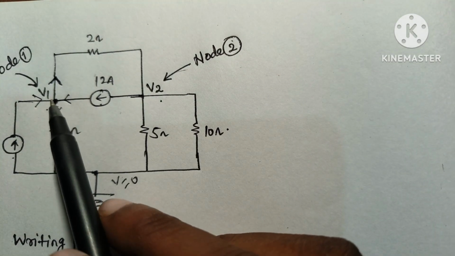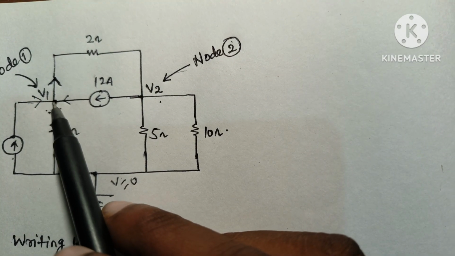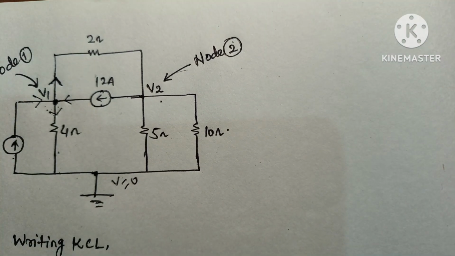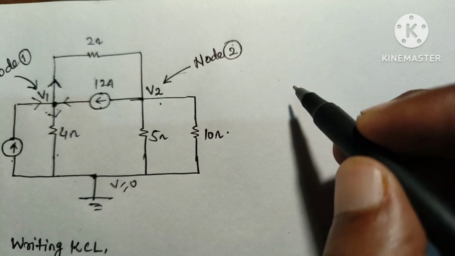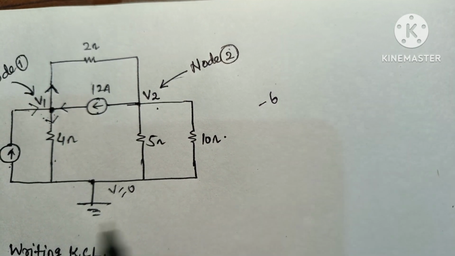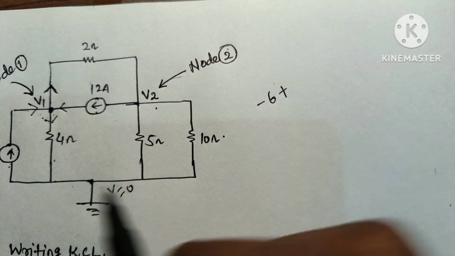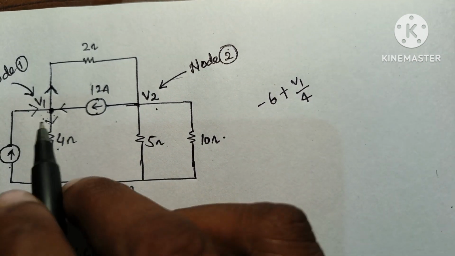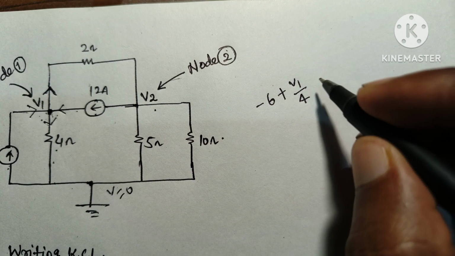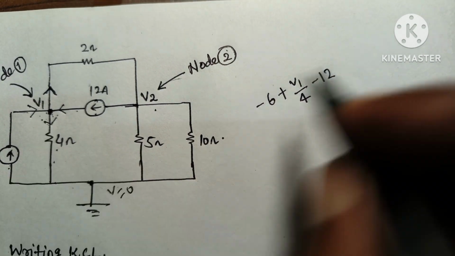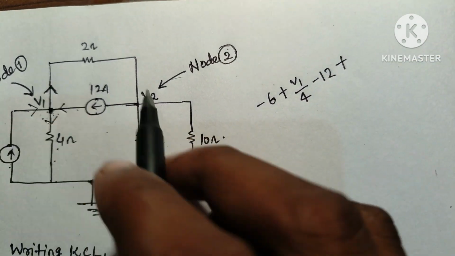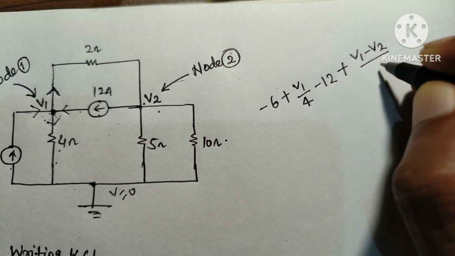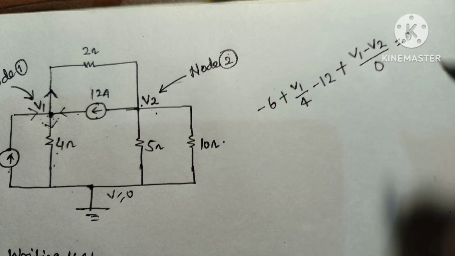So if we apply KCL at node 1, this current of 6 ampere is incoming, so minus 6 ampere. The equation will be minus 6 ampere plus V1 by 4 ampere current minus 12 ampere, plus V1 minus V2 upon 2 ampere current, and this is equal to 0.